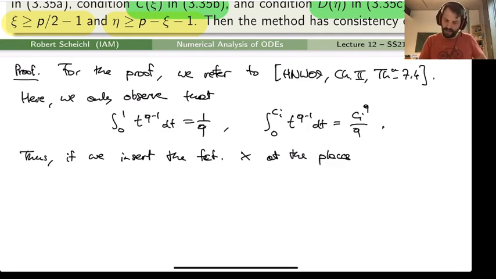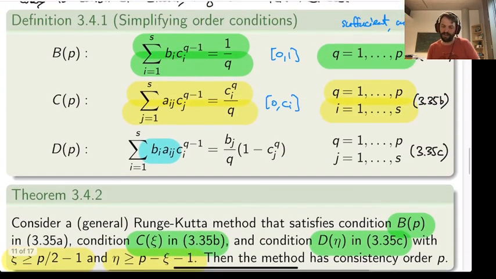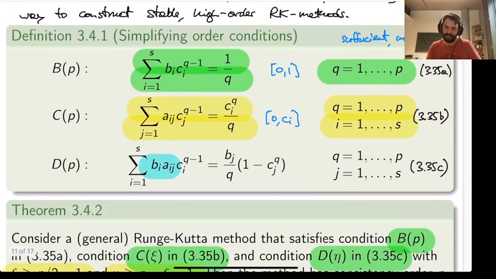Okay. So I've said in words already how to understand these order conditions, namely that this order condition here simply means that all monomials up to order p minus 1 are integrated exactly by the quadrature rule with quadrature weights b_i and positions c_i, and this formula simply means that the quadrature rule with quadrature weights a_ij and quadrature points c_j integrates on the intervals 0 to c_i all polynomials up to degree p minus 1 exactly.